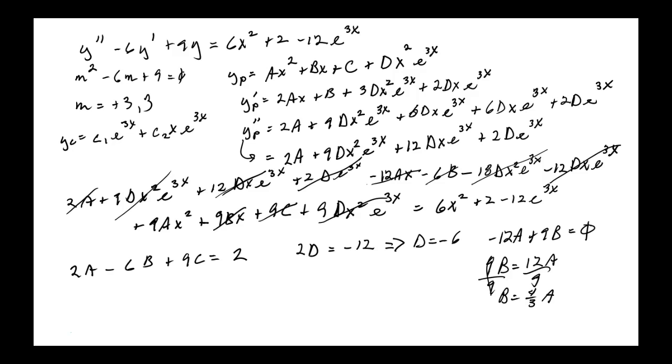Now get to the x squared terms, which I think is the last term we've got. And it's 9a is equal to 6. Yay or nay? Yay, okay. Divide both sides by 9, and we get a is equal to 2/3.